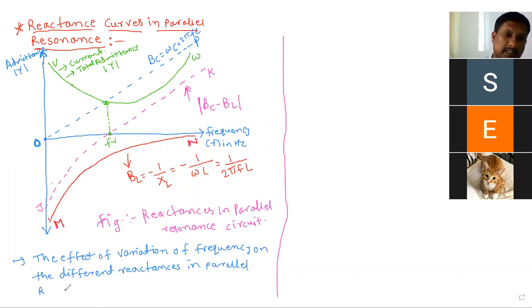In a parallel RLC circuit, if you vary the frequency, how the different reactances, that is admittances, will vary is shown in this figure.